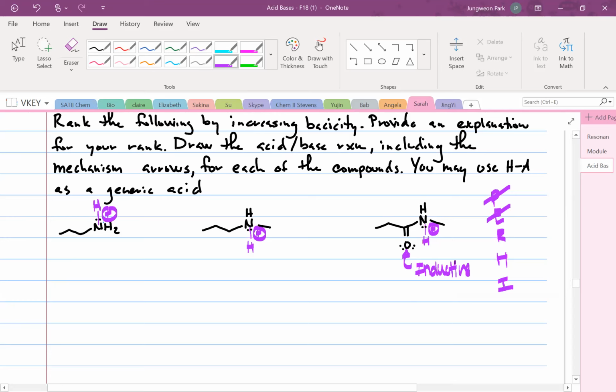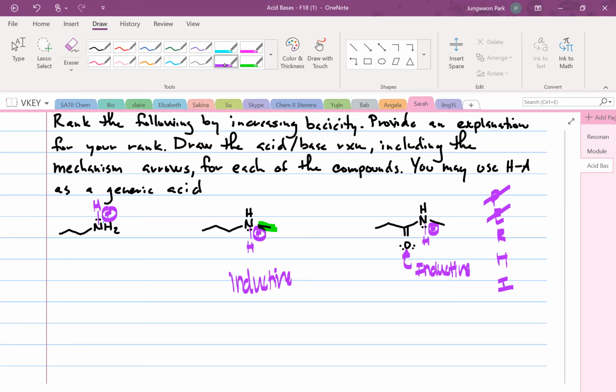This one also has to do with inductive effect. Do you know why? So that would be second increasing base, and then the first one would be the least.